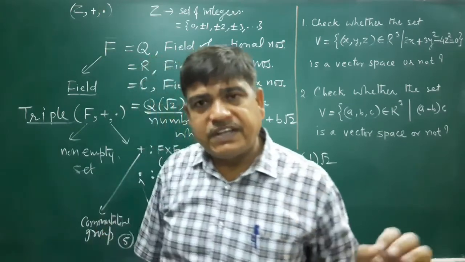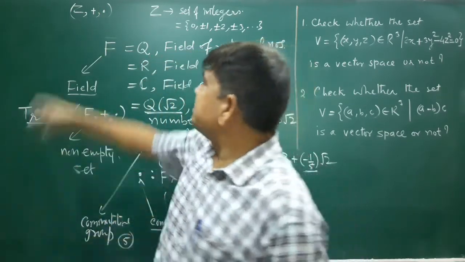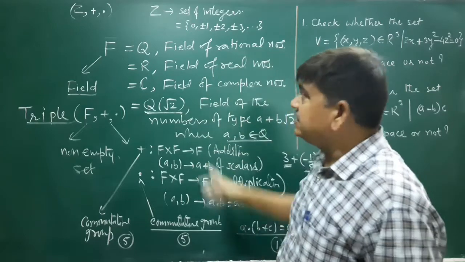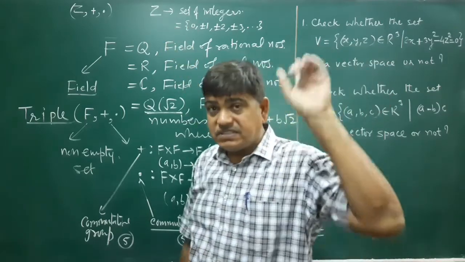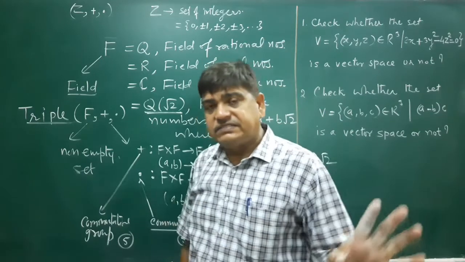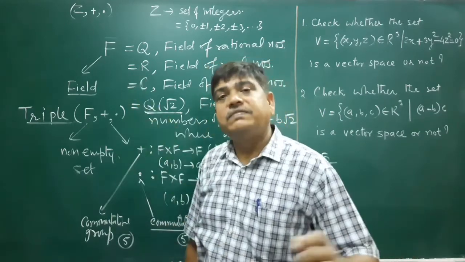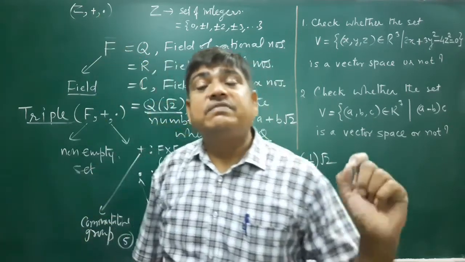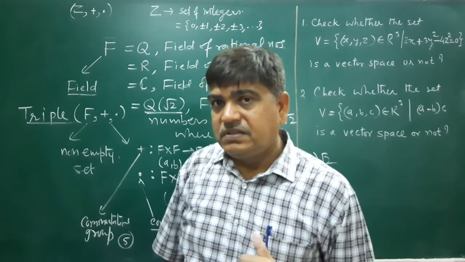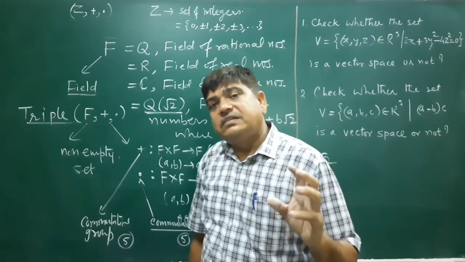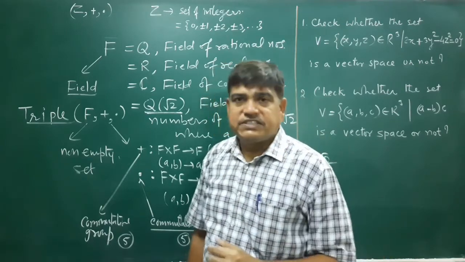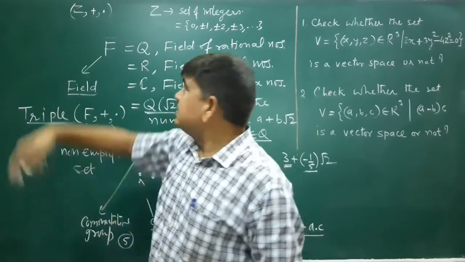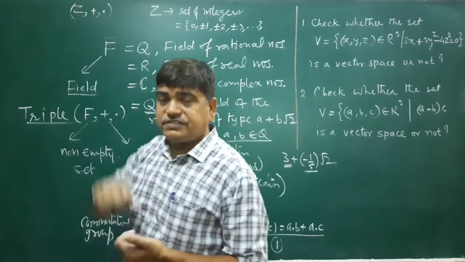Dot, closure property, multiplication. Suppose it fails. If one of the properties fails, then it is not a field. Out of 11 properties, if one of the properties fails, then it is not a field. So suppose it fails in closure property of multiplication, then that is a time consuming process to check that this is an abelian group. So it is better to check closure property of this and this one first.